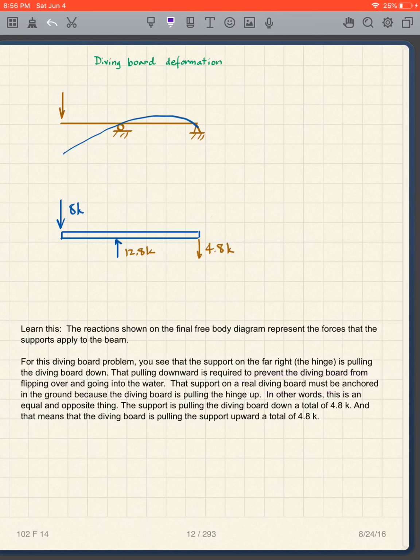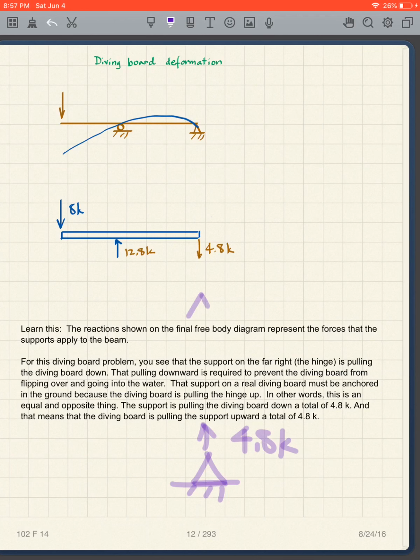The other way to look at it is, what is the diving board doing to the anchor? I'll draw the anchor here. If I draw the anchor, what is the diving board doing? It's lifting up 4.8 kips. It's pulling that anchor upward.